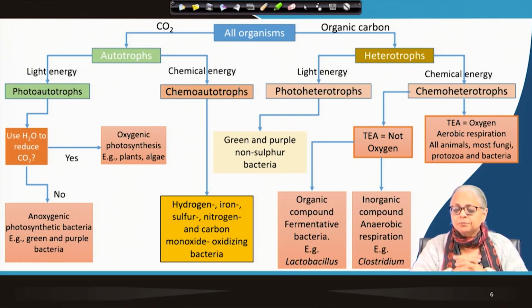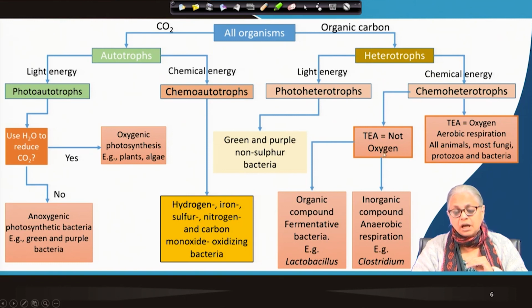Now, supposing there is no oxygen in the environment, does that mean life ceases to exist? Not at all. It means that there are other species that are capable of thriving under anoxic condition. So even if oxygen is not available, there are species of bacteria that have adapted themselves, or rather they come from more primitive conditions perhaps, whatever the reasons, they are capable of surviving without oxygen.